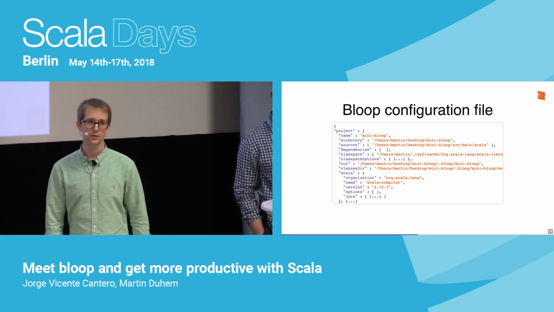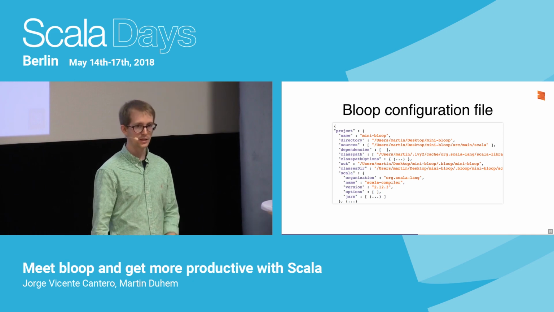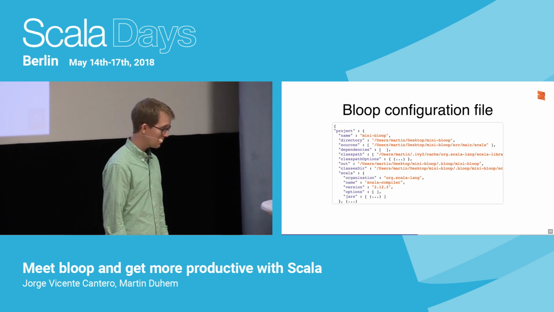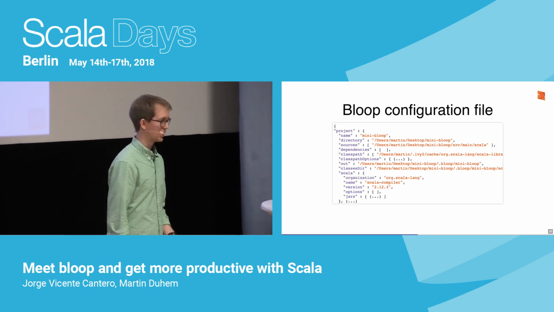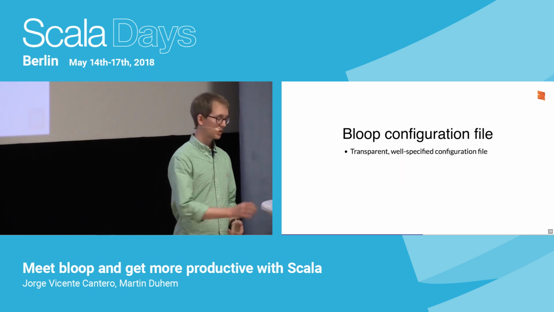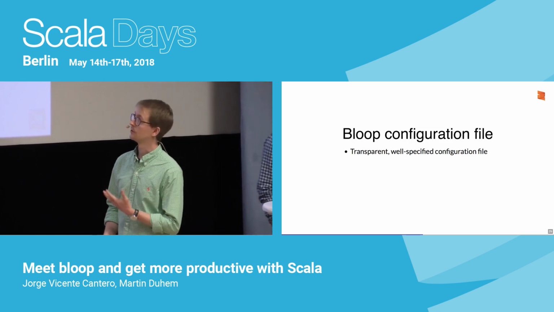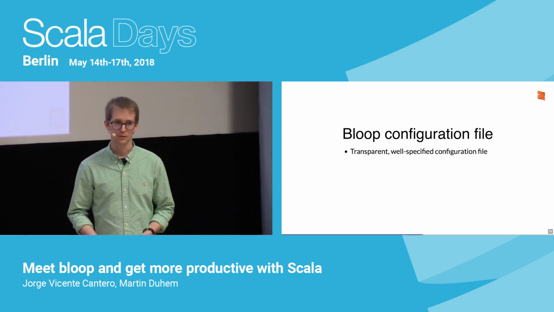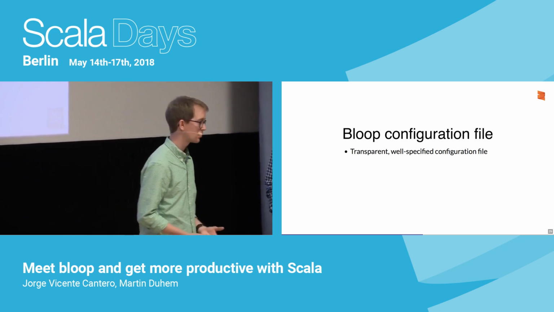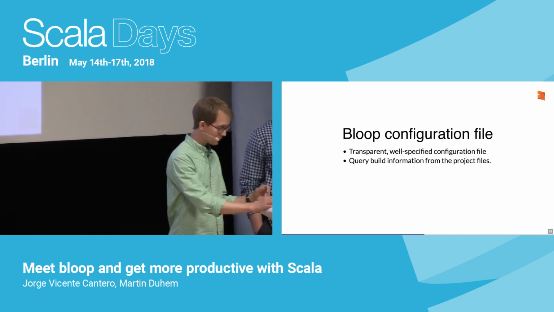Basically everything that you would need to perform incremental compilation, running your project, finding the tests, and so on and so forth. The transparency that you get with this configuration file is also helpful, because it's going to let you figure out really easily by looking at the configuration file why something may have gone wrong, why you don't find a test, why you have class not found exceptions, and so forth.